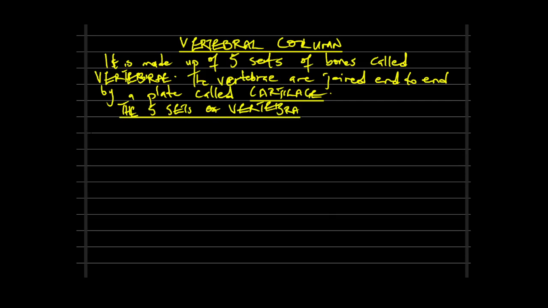Let's quickly list them, and I will be talking about their number in various organisms, but remember that the particular one we're talking about is in mammals. So, types of vertebrae.